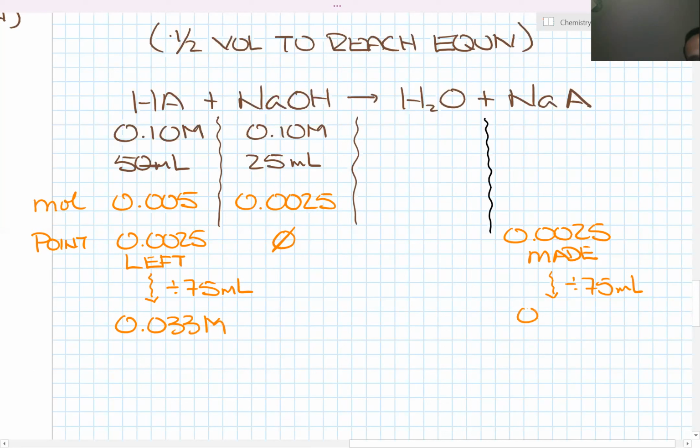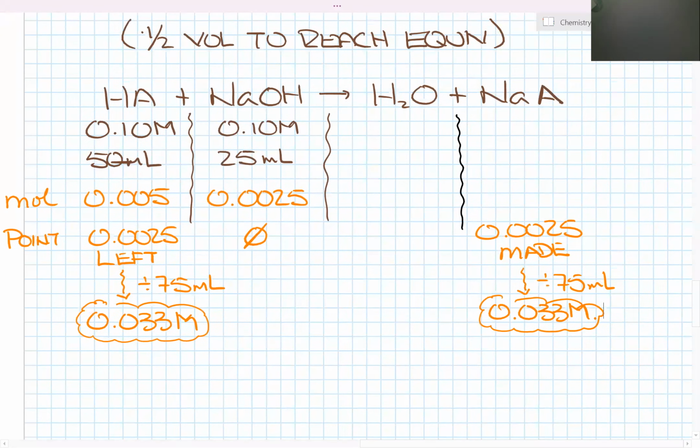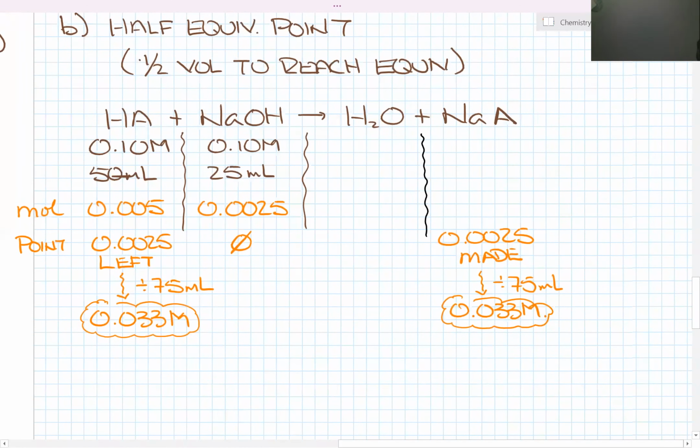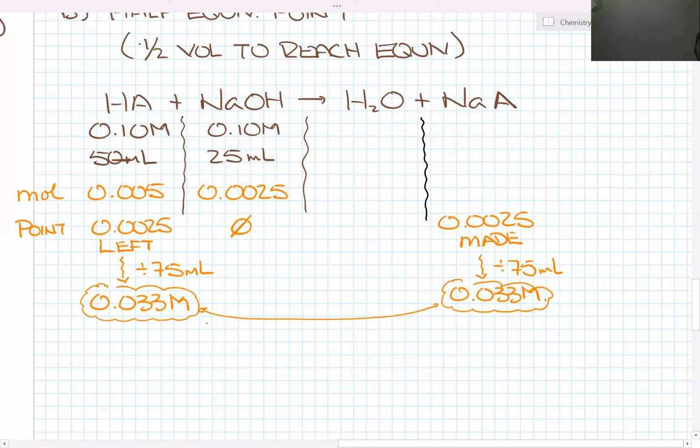Here would be also 0.033 molarity. Okay. Now, what you notice is you have a significant amount of acid and a significant amount of the salt with the conjugate base, in this case, HA and A minus. Notice, this is a buffer.